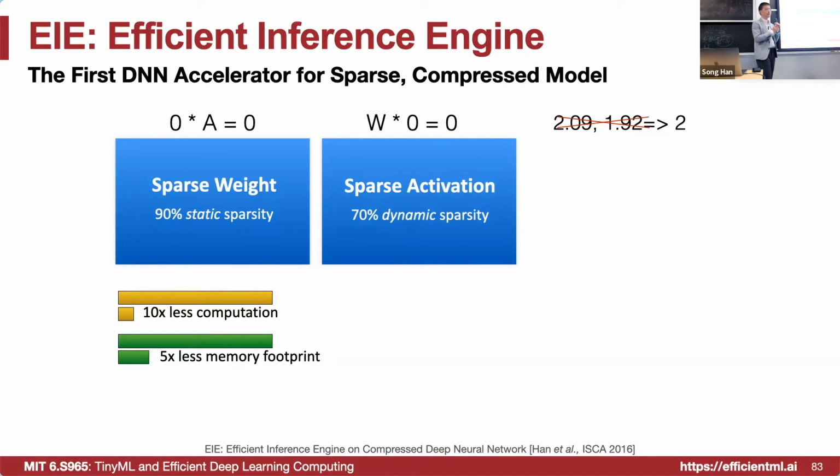And also for the activation, we usually can get almost 70% sparsity. This is due to the ReLU function, where after ReLU, you get a lot of zeros for free. Okay, but this is dynamic, whereas with weight sparsity, after pruning, no matter which input image comes into inference, the sparsity pattern is the same. But for the activation, the sparsity is determined at runtime.